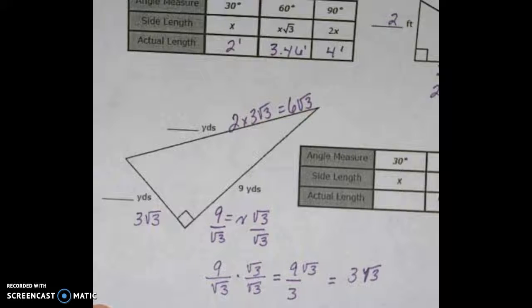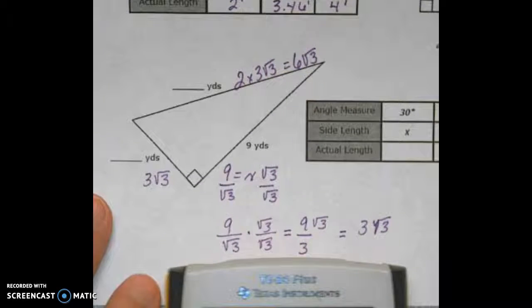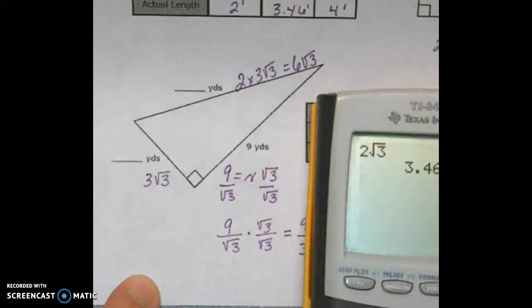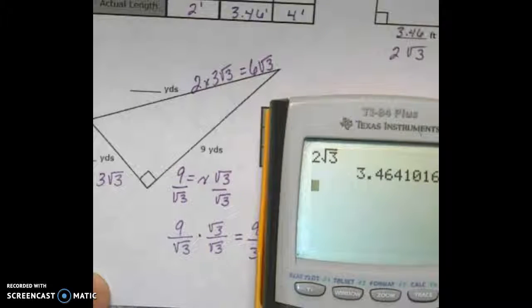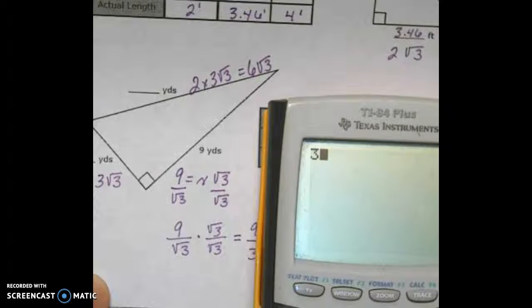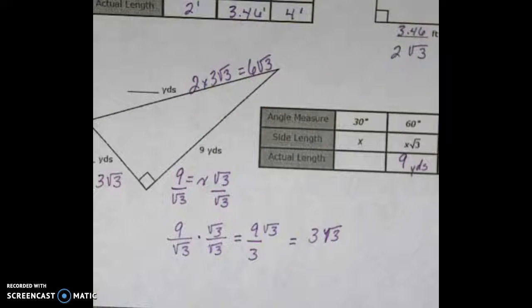Because I'm looking for an actual yard measure that I can fill in my table and that I could measure if I were trying to measure this with a measuring device, I want to go ahead and put 3 square root 3 in my calculator. And I get the decimal approximation of about 5.2 yards.